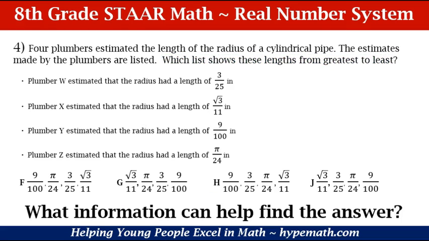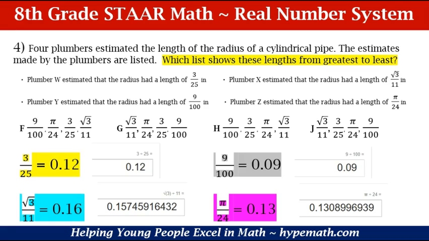What information can help us find the answer? Well, we need to convert all of these numbers or fractions into decimals. This would help us easily see the values of the decimals and also be able to place them in the list from greatest to least.